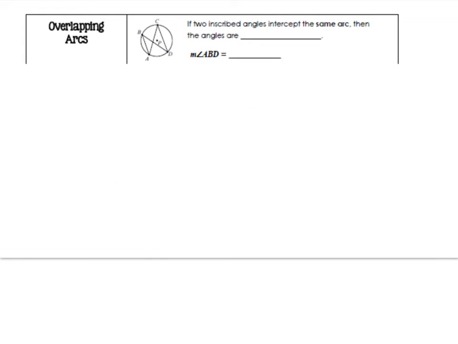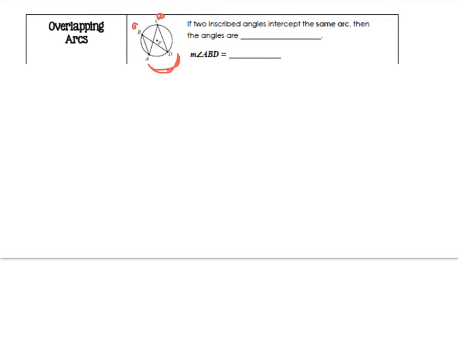Next, we're going to talk about overlapping arcs. If two inscribed angles intercept the same arc, then the angles are blank. So take a look at this. We have angle C, which is right here, and the arc that goes with angle C is AD. Well, take a look at B. Extend the legs or the chords of B, and we have that same arc.